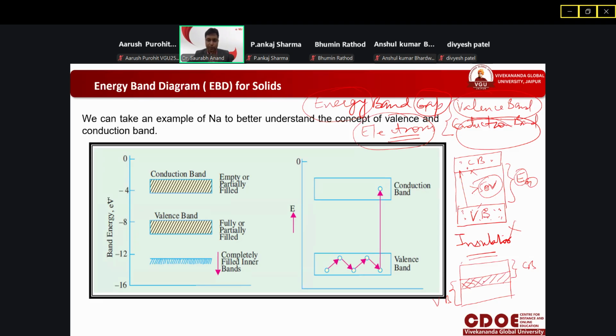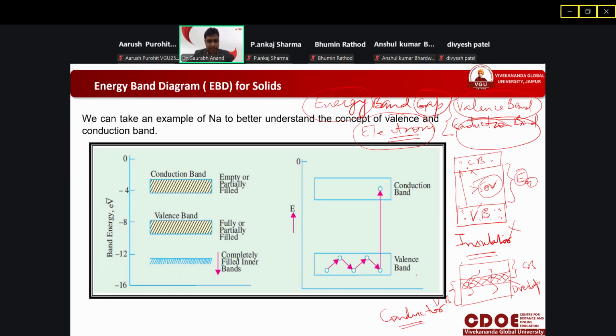So due to overlapping, the electron can move anywhere from here to there. So electrons are very free to move anywhere within the material. That is why in a conductor the conduction is easy. Clear?